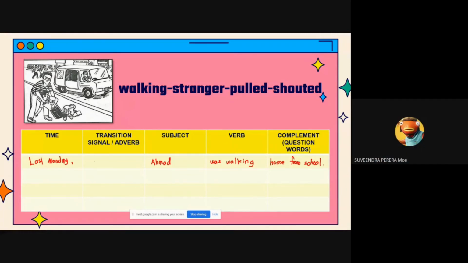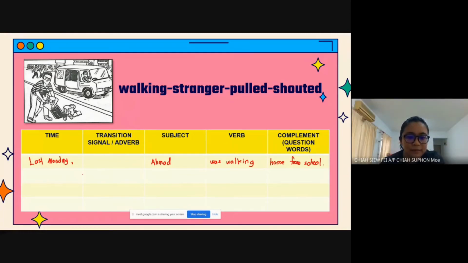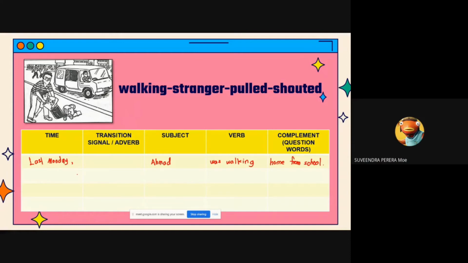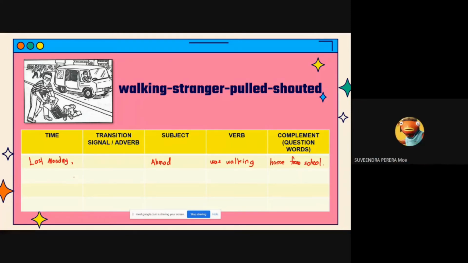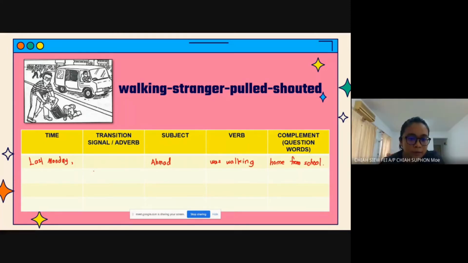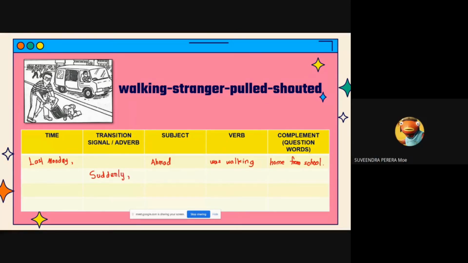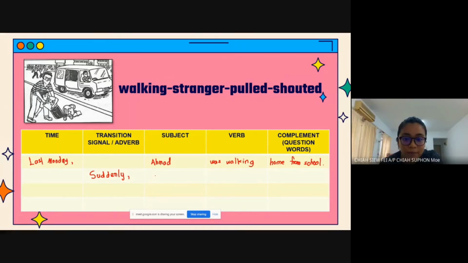Teacher will try. Yes, please. Very good. Suddenly, a stranger. Okay. Where do I put the suddenly? Transition signal. Okay, transition signal. Suddenly, you put the comma. A stranger, okay, where do I put the stranger?